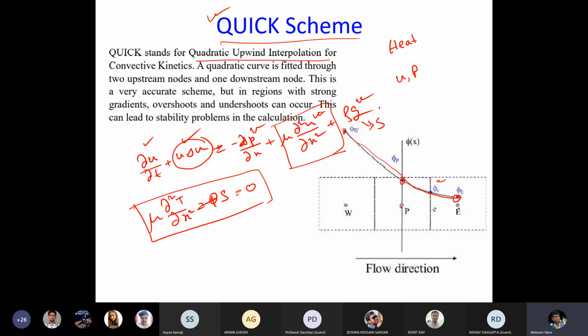Then we tried to invoke the temporal part. Today we have taken an equation of this form. I am writing T instead of velocity, because in heat transfer it will be T. So del T del t will be equal to alpha, which is mu here, times del 2T del x square.